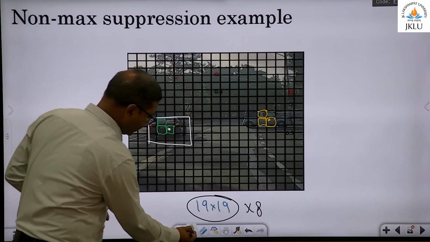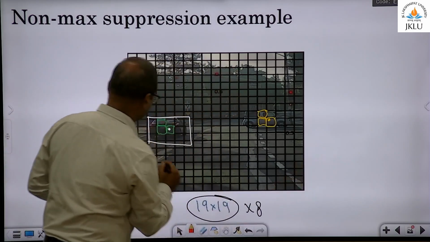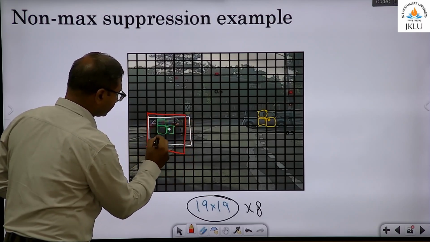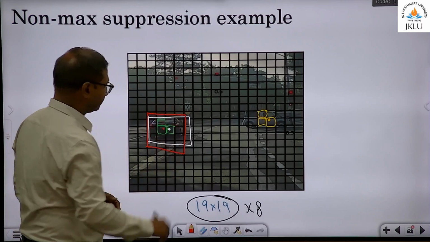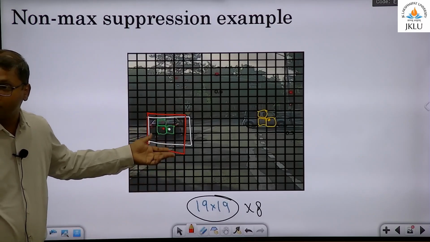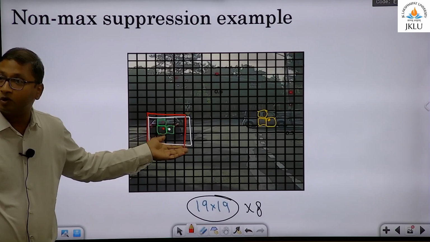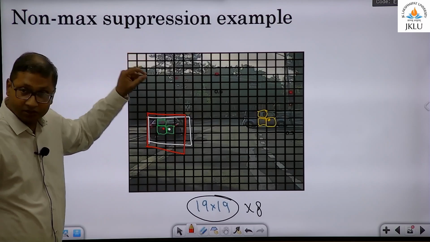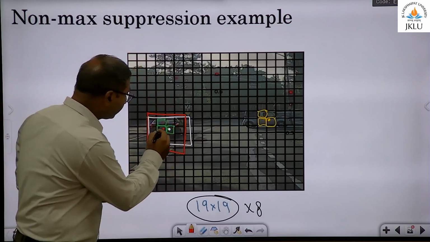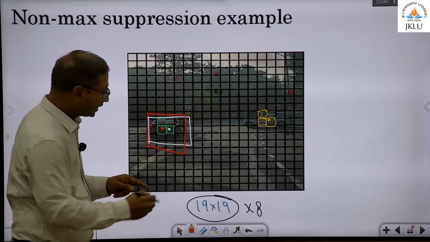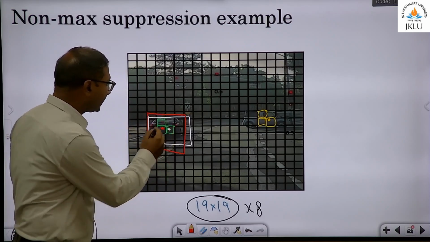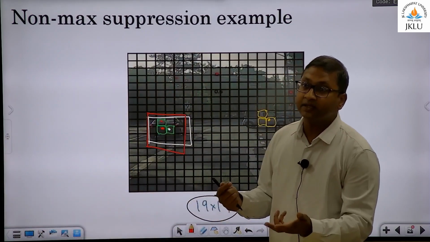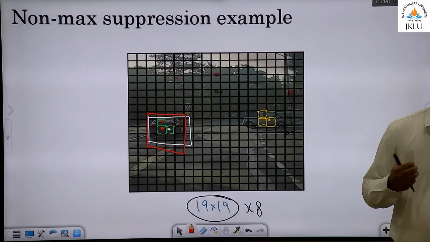Another one gives me this bounding box whose center is say here, and so on. Are all of these right bounding boxes? Yes, but because my grid size is so small now that even this grid can claim an object, this grid can claim an object, and let's say even this one claims an object, but all these three objects are the same objects.